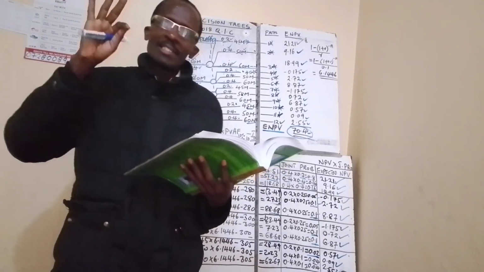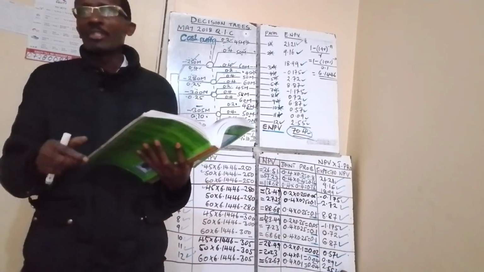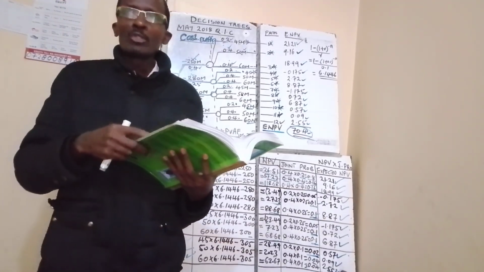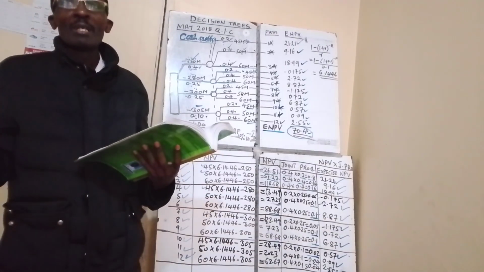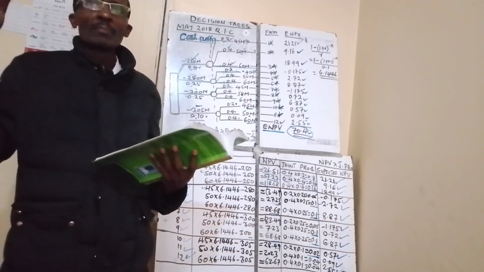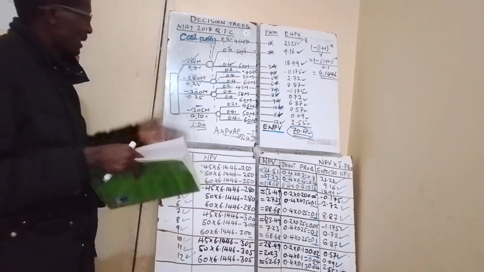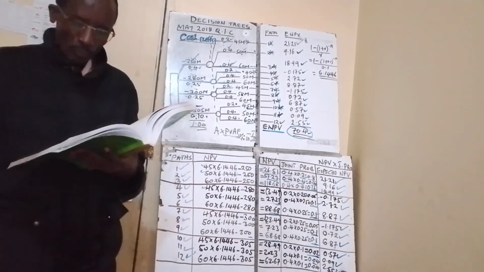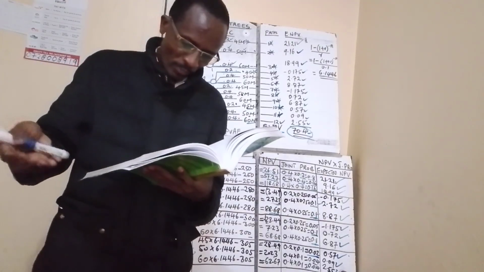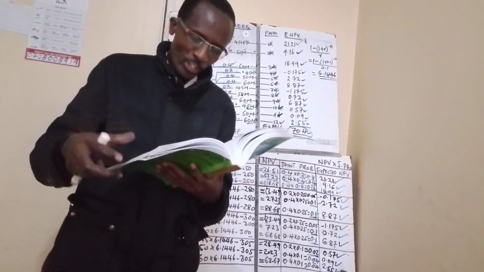So those determine the number of branches that you use. So if you are told the probability is 0.5 and the other one is 0.5, it means you have two branches. But here, how many probabilities have you been given? 4. You have 0.4, 0.25, 0.25 again, and 0.1.